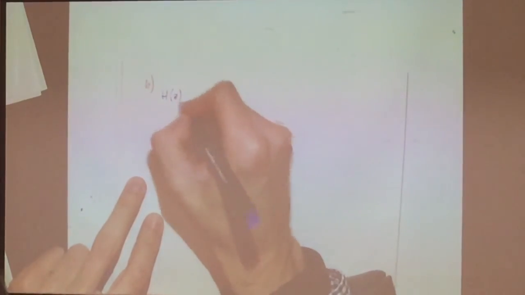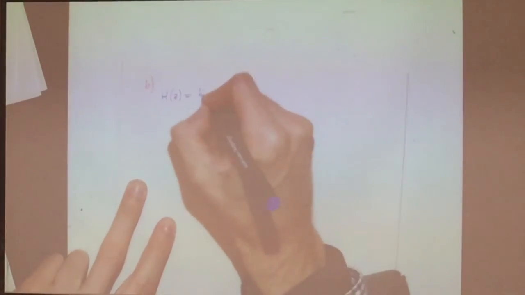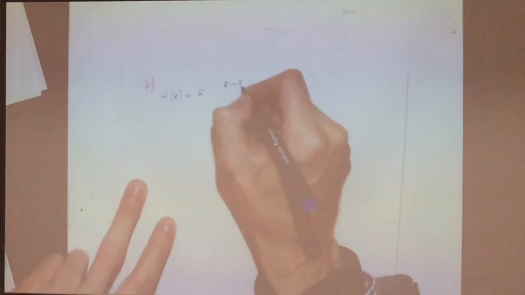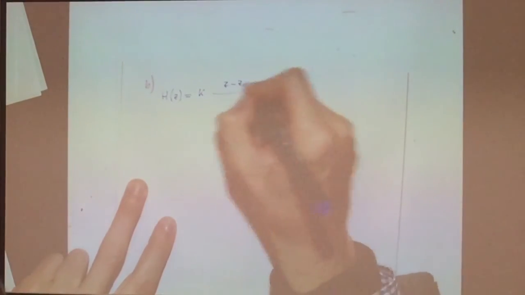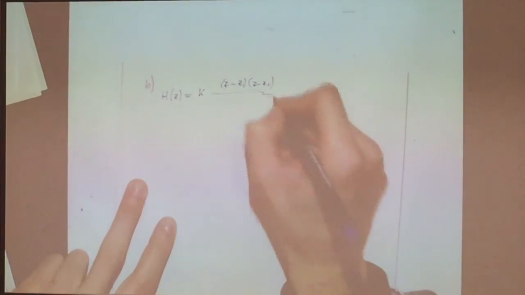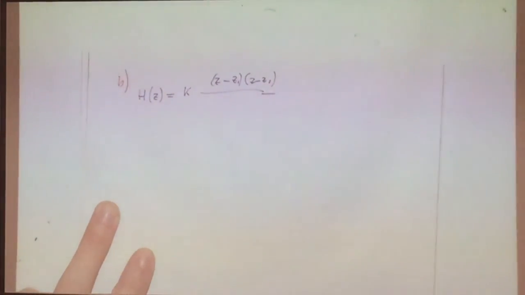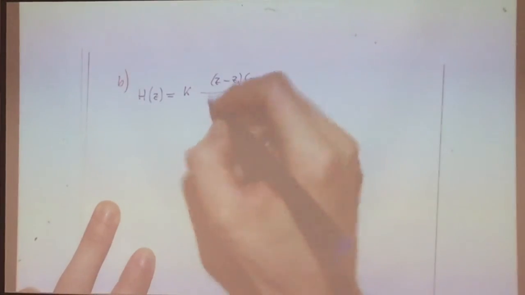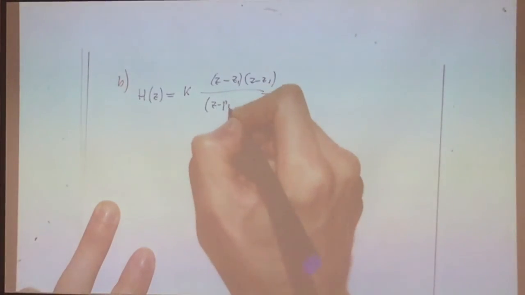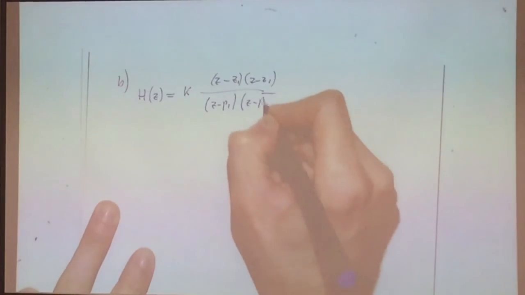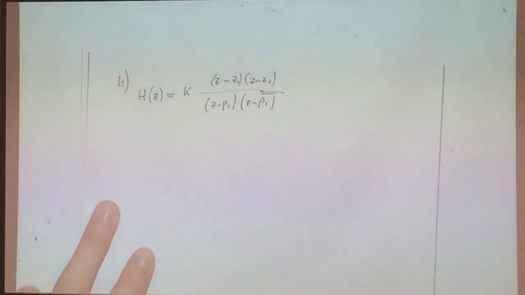So in this case, I write the transfer function H of z in this form: A (z minus z1)(z minus z2), where these are the two zeros that we found before. At the moment I just use the letters, over (z minus p1)(z minus p2), and these are the two poles.